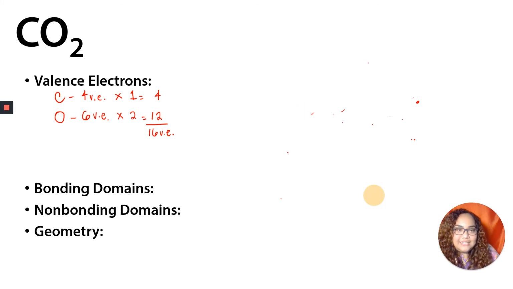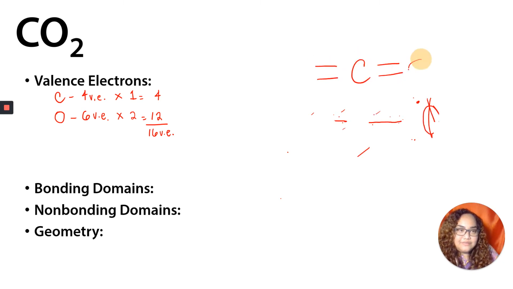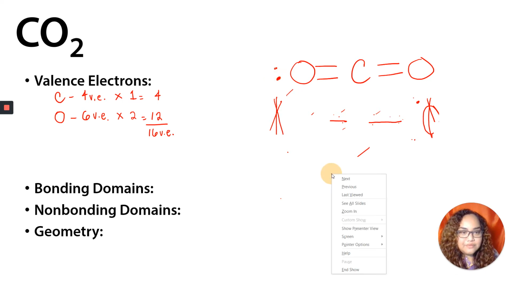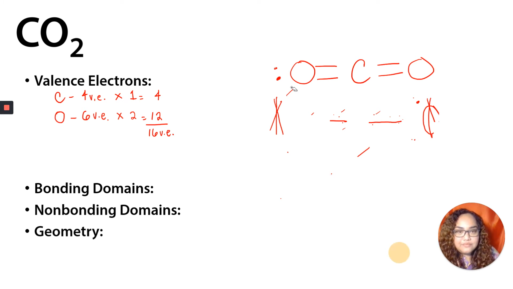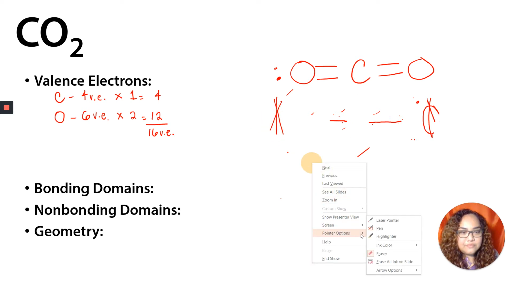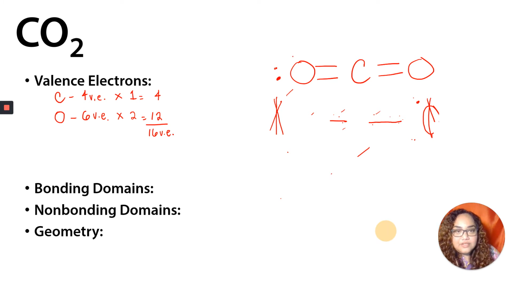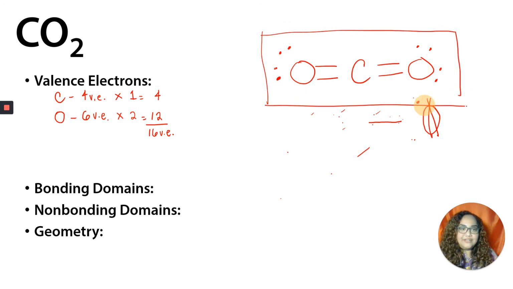The bond would look like this. So it would have that and that. Okay, so this would be the molecular geometry of carbon dioxide.